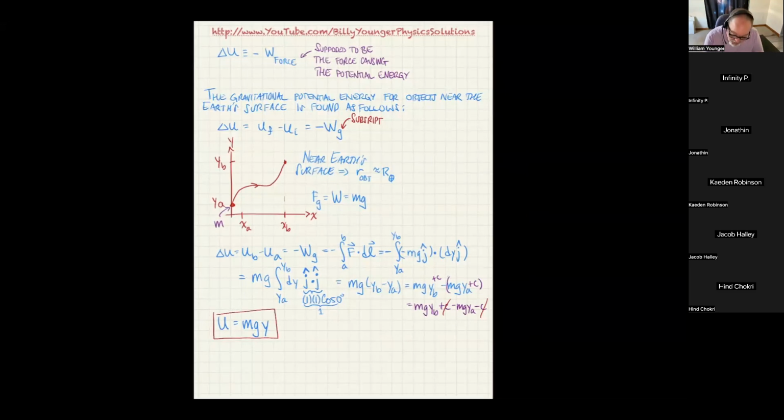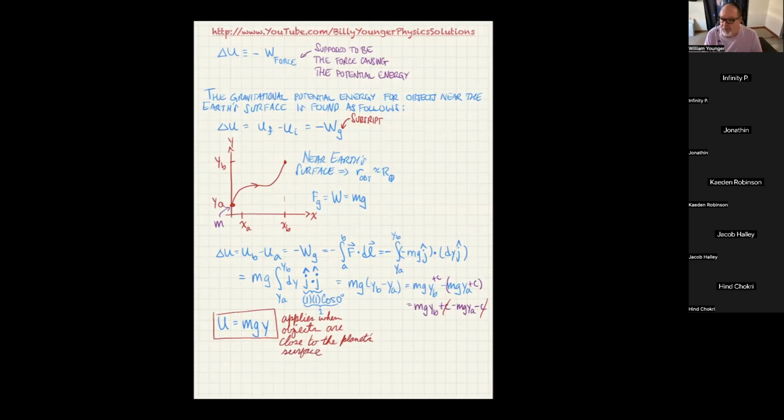And what I'll say is this applies when objects are close to the planet's surface.